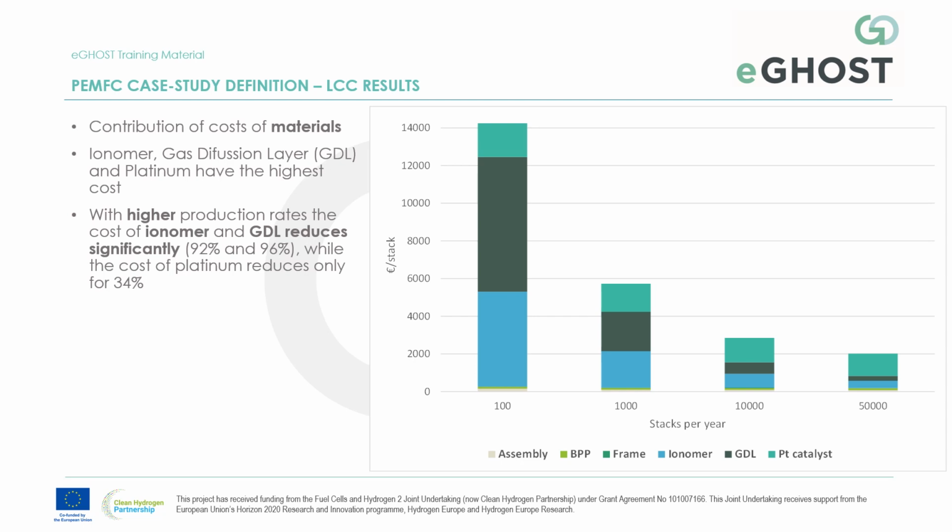And yeah, the ionomer and gas diffusion layer reduces quite significantly, while the cost of platinum does reduce, but not that much. That's why at higher production rate, the platinum became the main hotspot in the lifecycle costing.